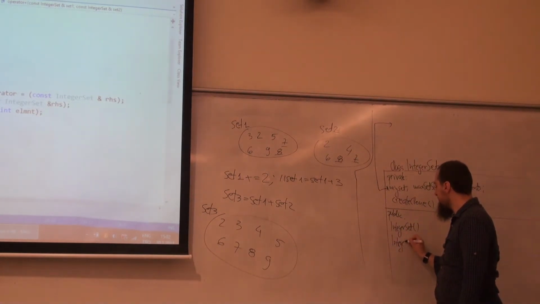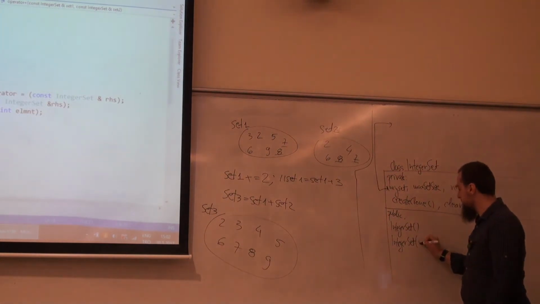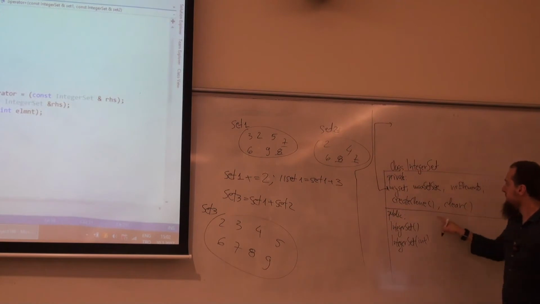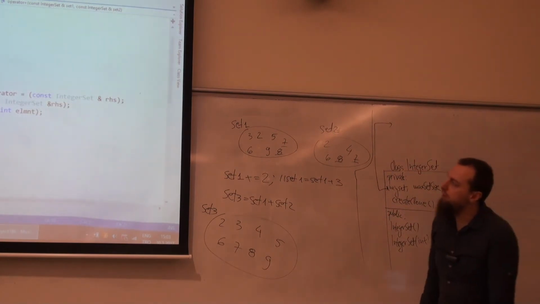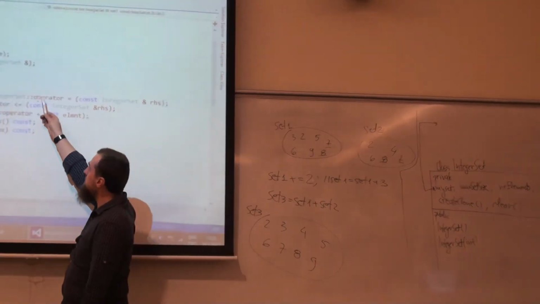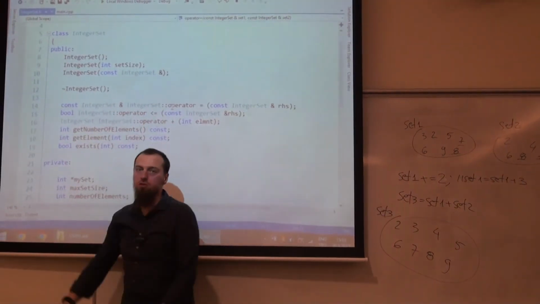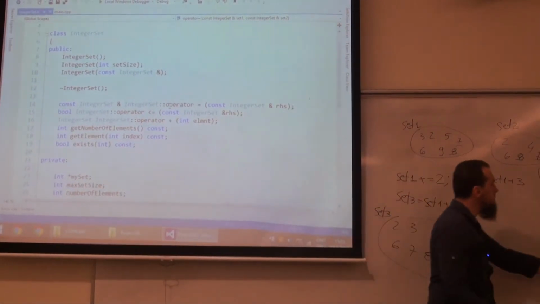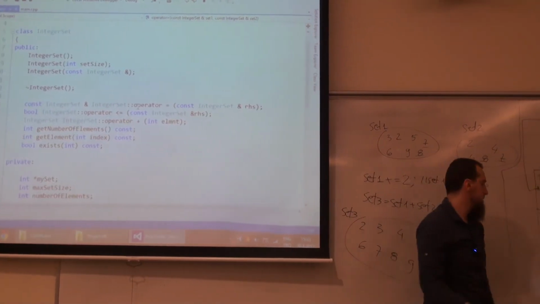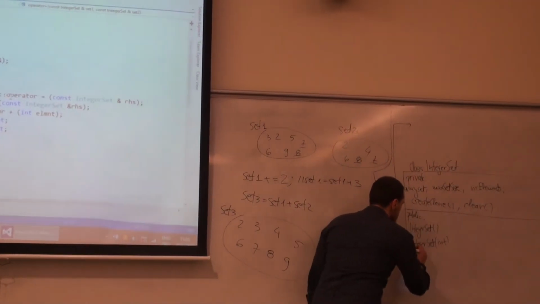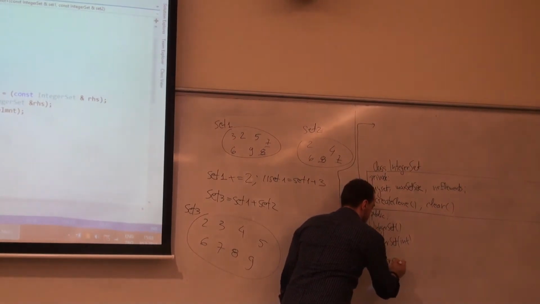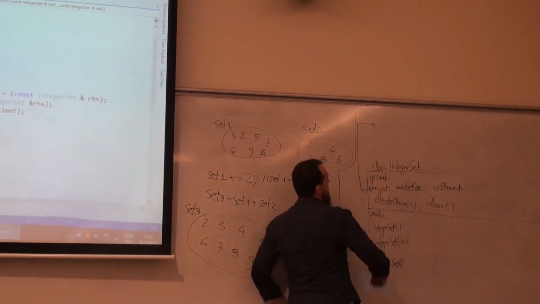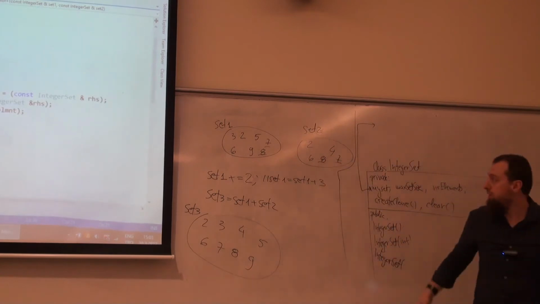Is this a copy constructor or not? What do you think? It takes an integer, and the integer basically is the set size. And I have this one. This is the copy constructor, because copy constructor should take as a parameter an object of the same class. So I have IntegerSet, and I'm taking as parameter another object of class IntegerSet.